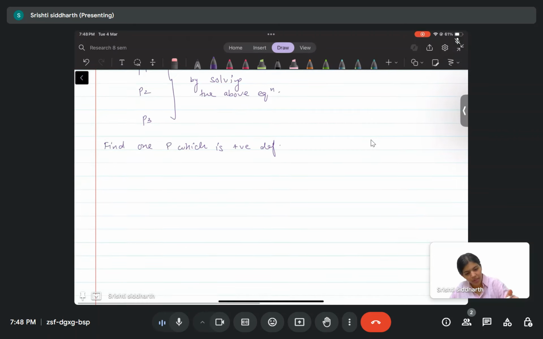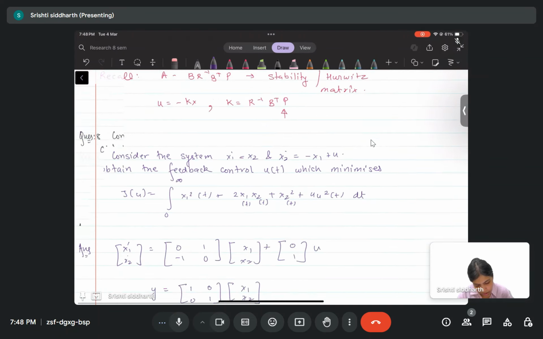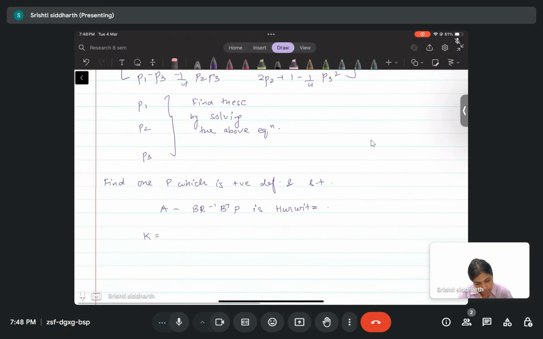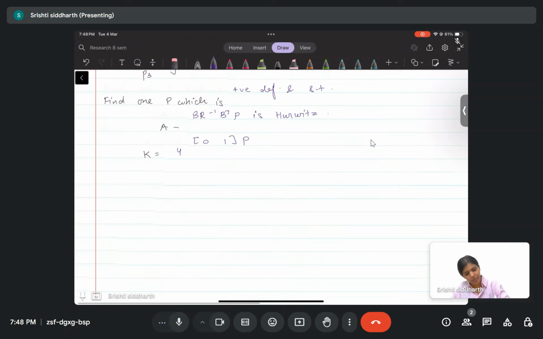And we also have to find P such that the matrix is a stability matrix. So this A minus B R inverse B transpose P is Hurwitz. And then K is simply R inverse B transpose P. So R inverse is simply 1 by 4, and then B transpose times the matrix P you get.